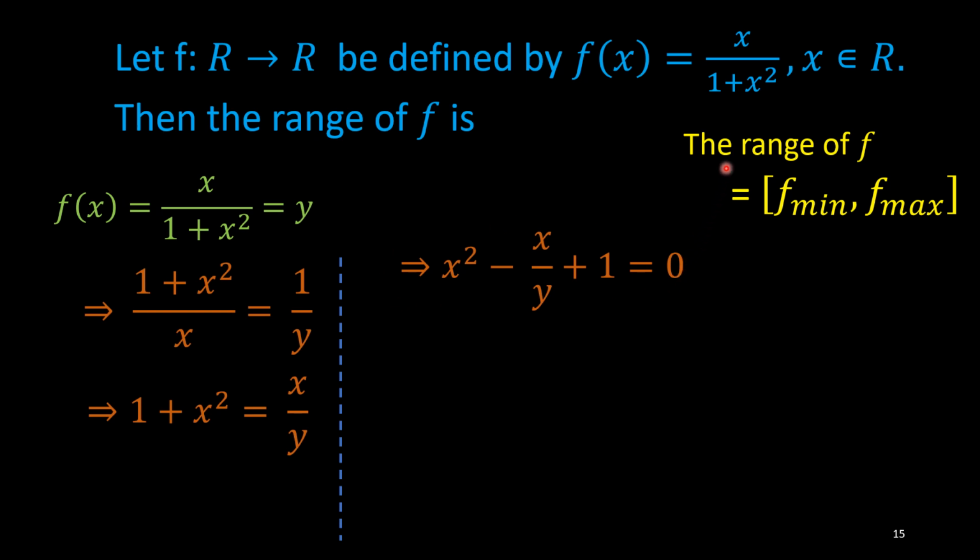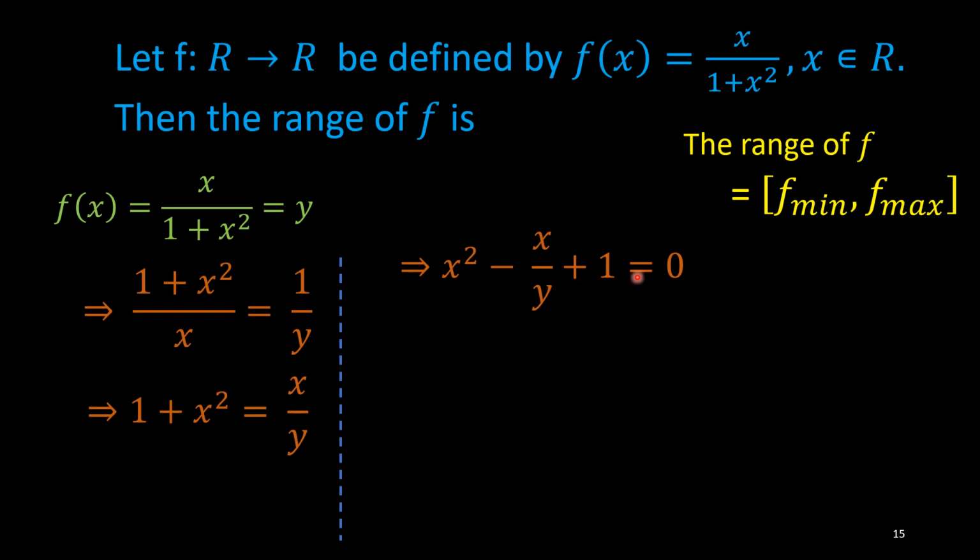Already I have said that we need to find the minimum and maximum value of this function. But remember that x should be real. For all real values of x, we need to find the maxima and minima. So here we will apply a trick. We will assume that the value is y.